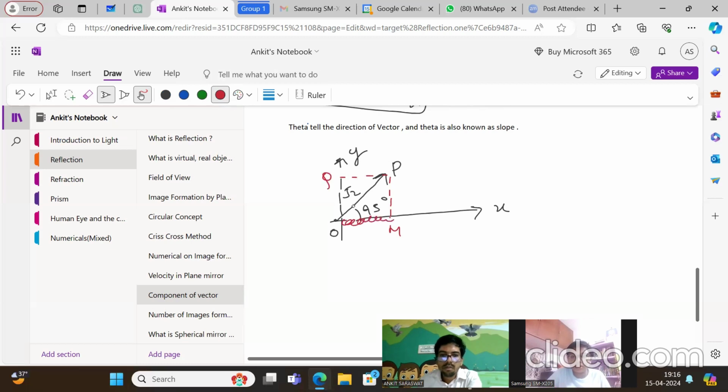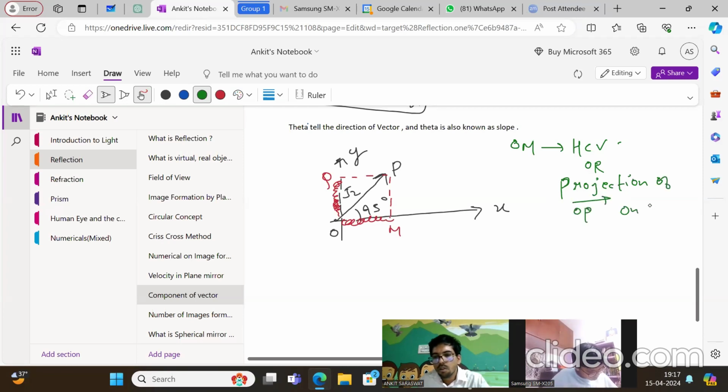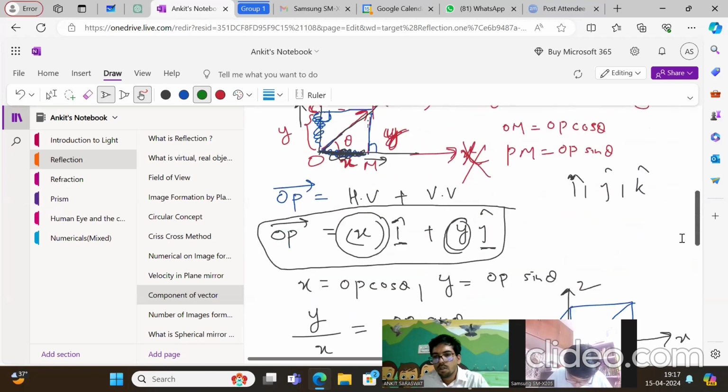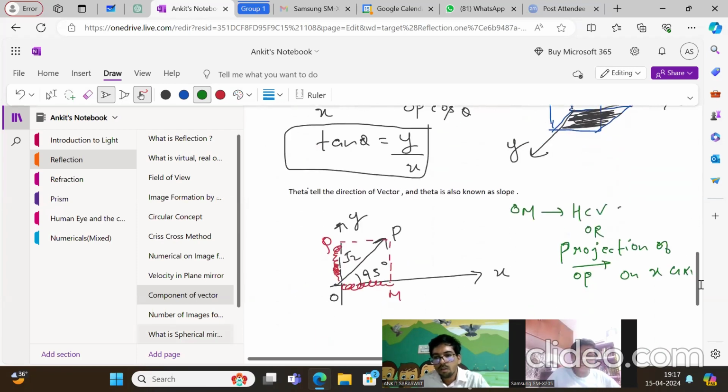Sir, OP is root 2. OP is root 2, yes. Sir, the vertical component is 1.